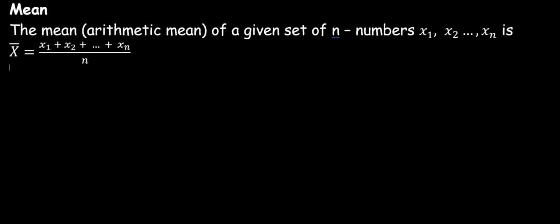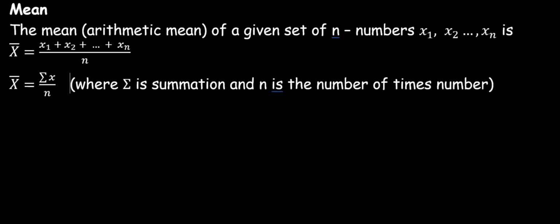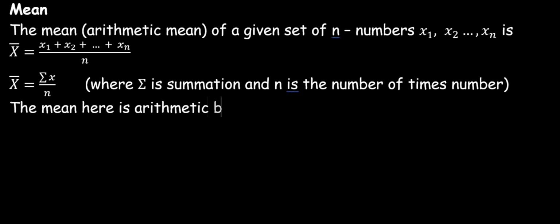And the formula is x bar equals summation x over n, where the sigma sign is summation and n is the number of items. The mean here is arithmetic because the figures involved do not occur so many times.